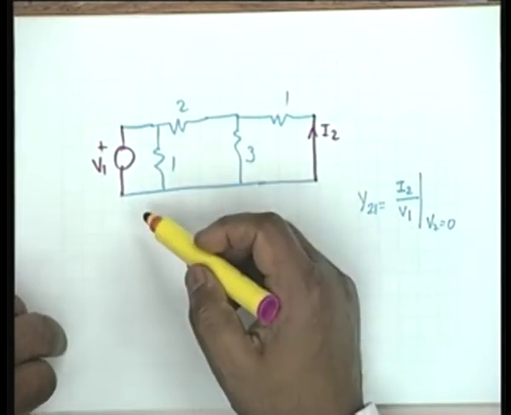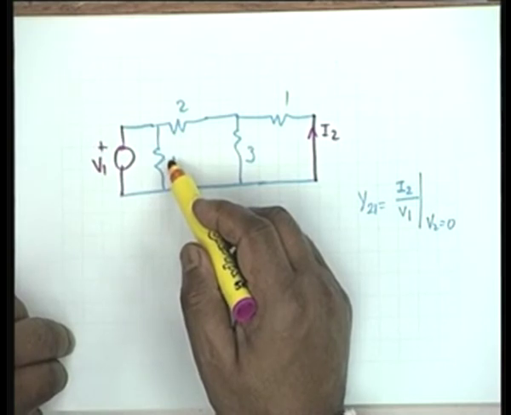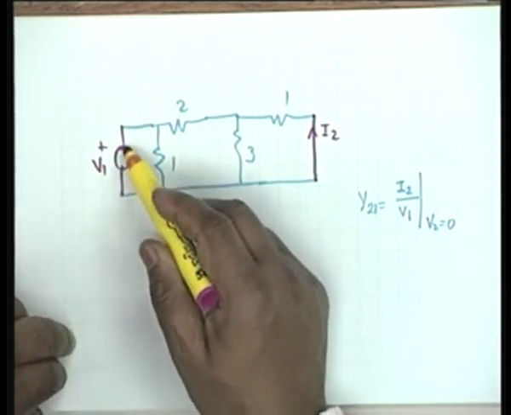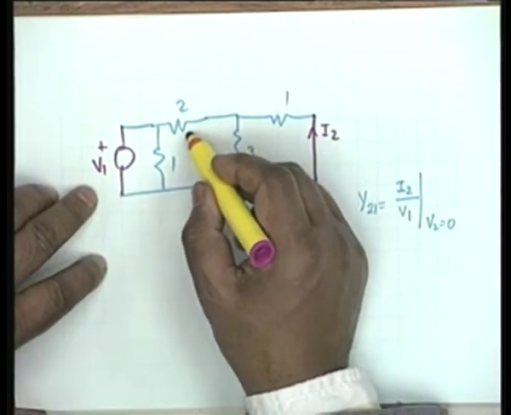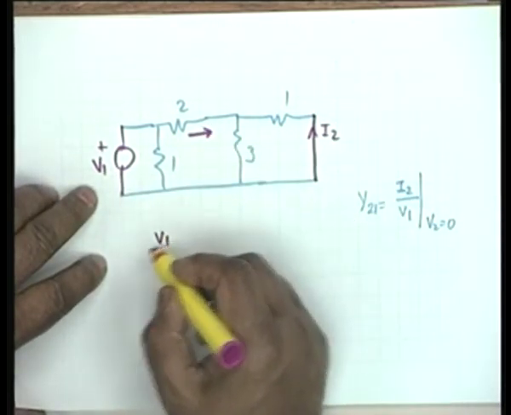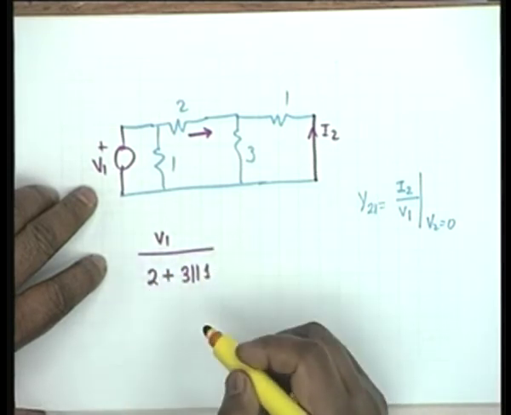Alright, is that clear? This 1 ohm obviously goes out of the picture because it's in parallel with an ideal voltage source. So the current through this would be equal to V1 divided by 2 plus 3 parallel 1.